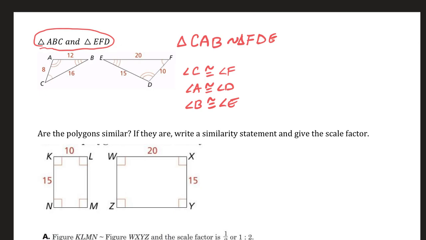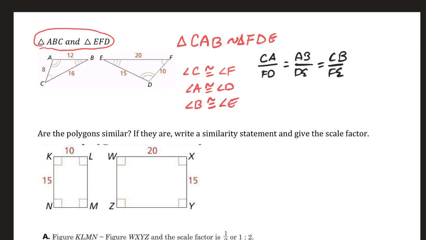Now we have to check if the sides are proportional. So we have CA is to FD, AB is to DE, and then the last one is CB is to FE.